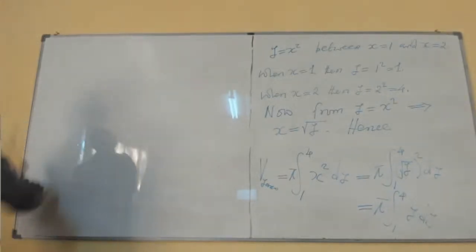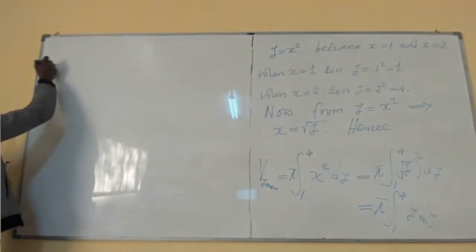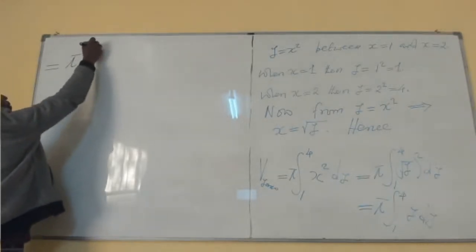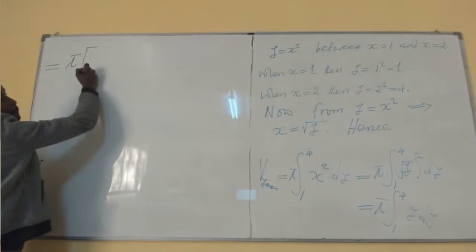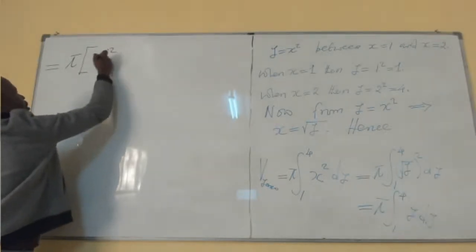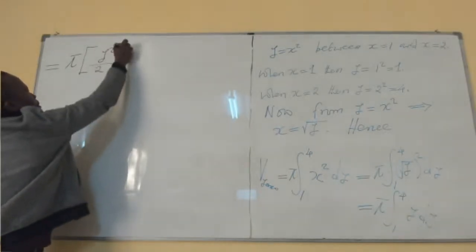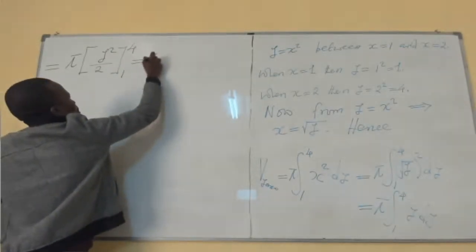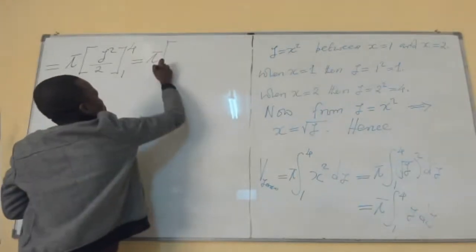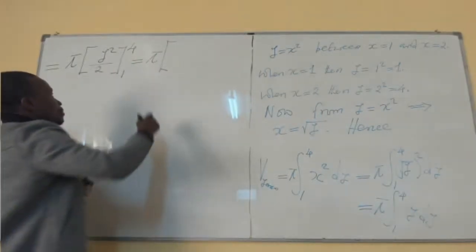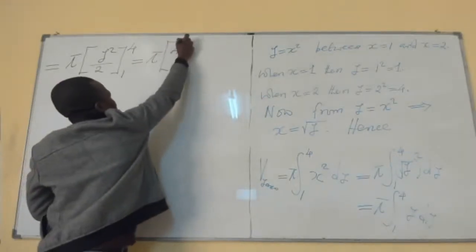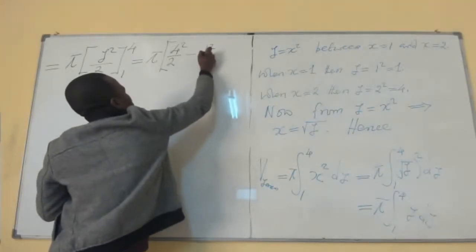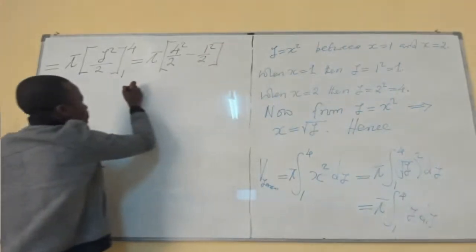So when we integrate, what we're going to get is pi times y squared over 2. The limits of integration are from 1 to 4. This is equal to pi. Then, by the fundamental theorem of calculus, we have 4 squared over 2 minus 1 squared over 2.